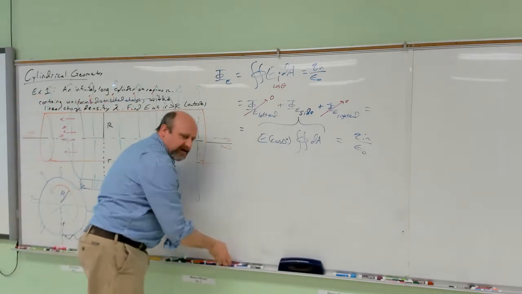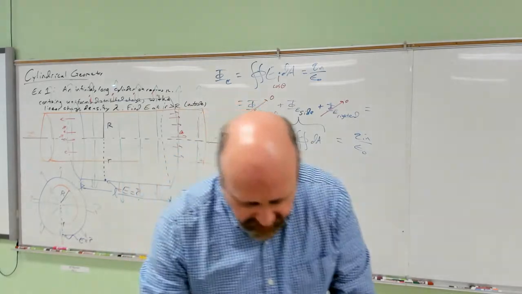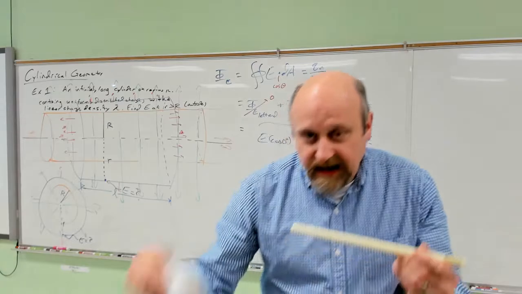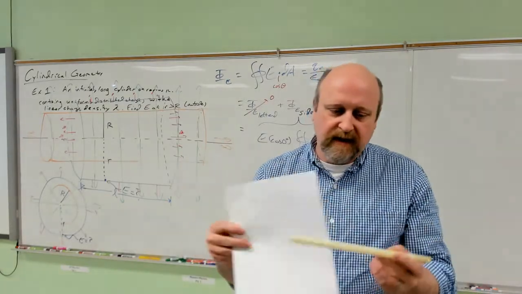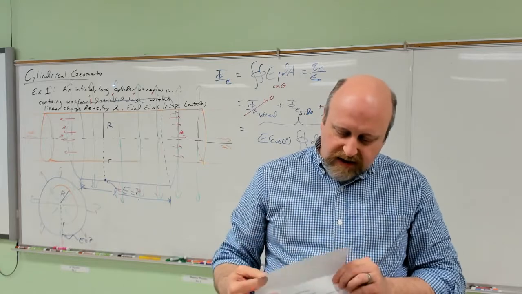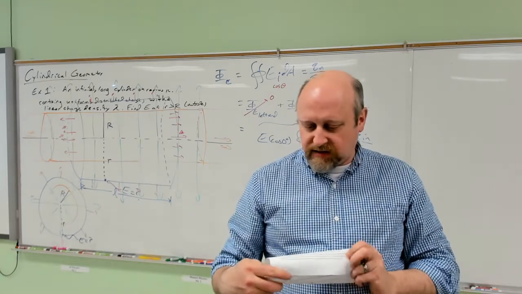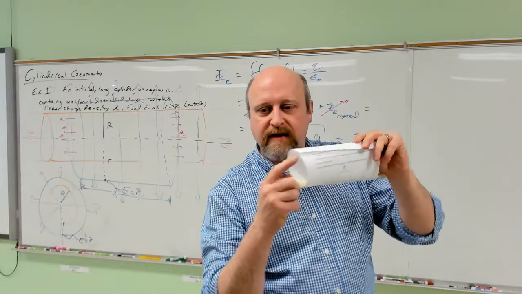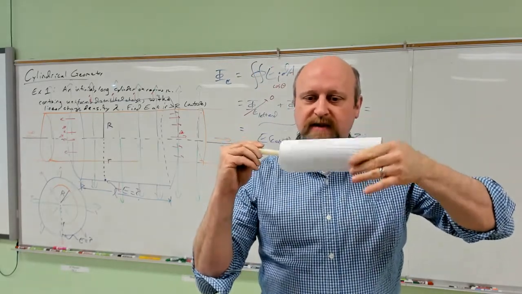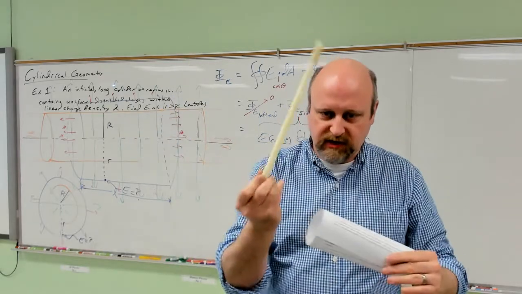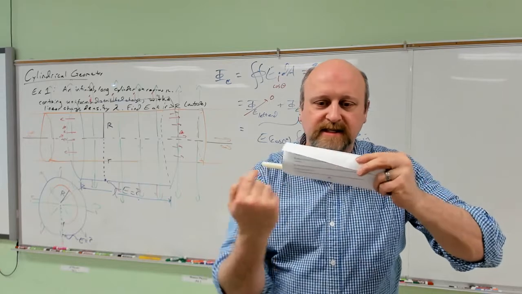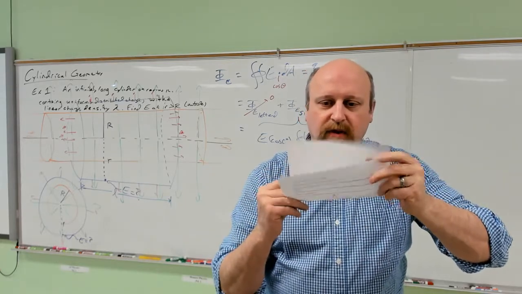Okay, what is the area of that surface? Well, imagine that here is my charged cylinder, and here is that Gaussian surface that I'm wrapping around it. I'm trying to find my electric field strength at some point out here, a distance away from that cylinder. So I make this bubble around the charged cylinder. What I'm going to do is cut it down the side, slit it and unroll it.